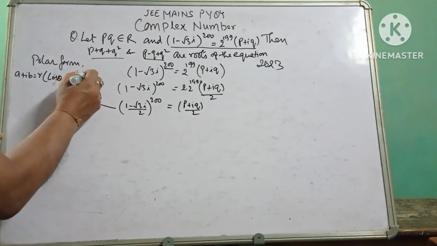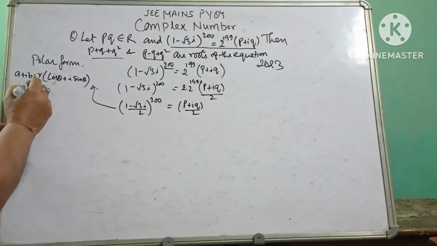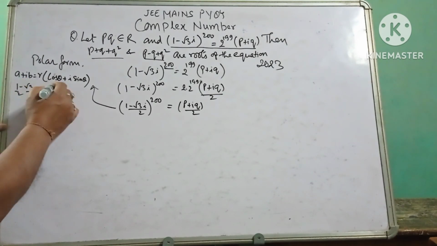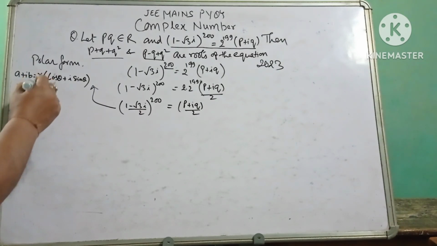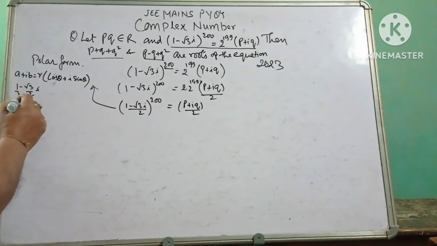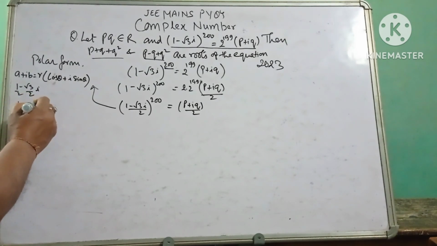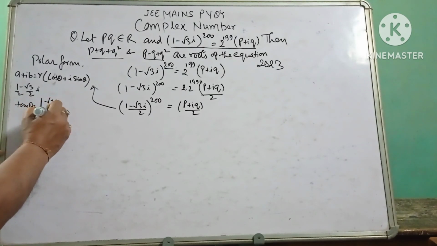Here you find that this is 1 minus root 3 iota, so here your r will be equal to the square root of half square plus root 3 by 2 square. That will be 1 by 4 plus 3 by 4, 4 by 4. So your r is 1, and your tan theta is minus root 3 by 2 divided by 1 by 2.